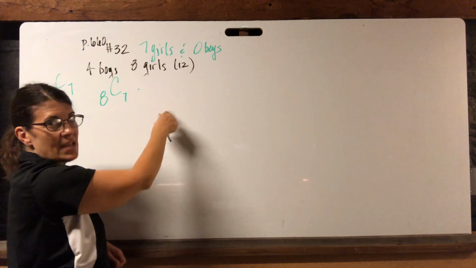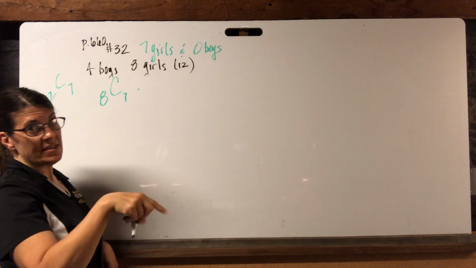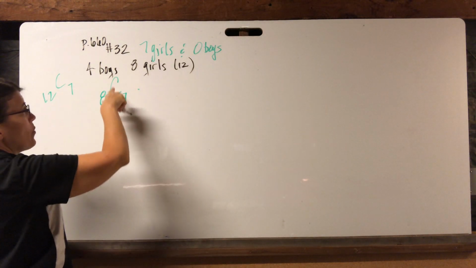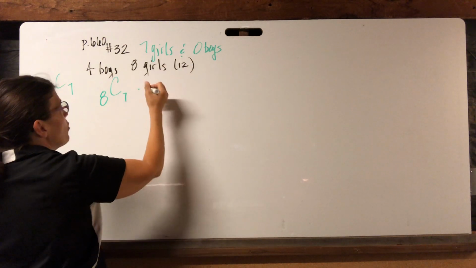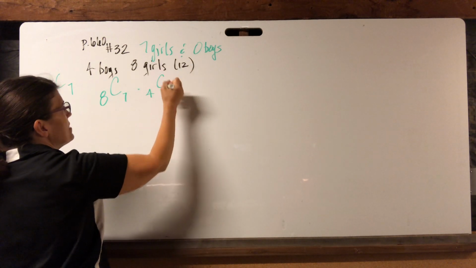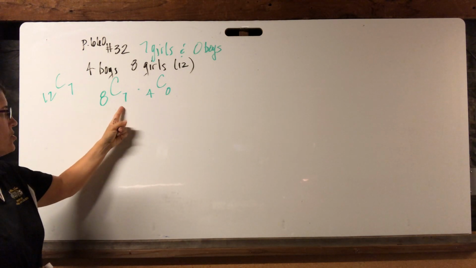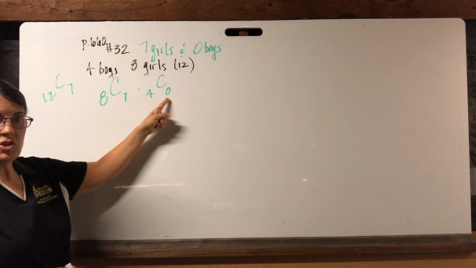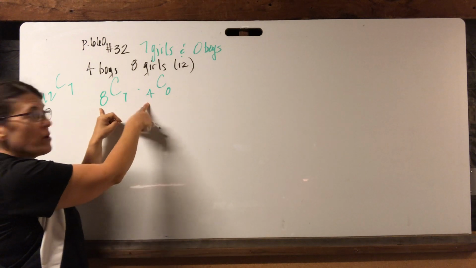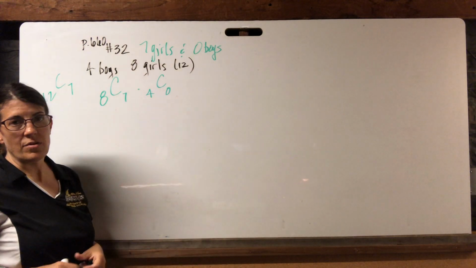You don't have to show this step, I'm just showing you where the 12C7 is going to come into play. So we have no boys. 4 boys, choose none of them. 8 girls, choose 7. 8 plus 4 is 12. 7 plus 0 is 7.